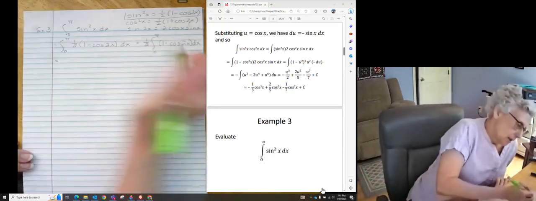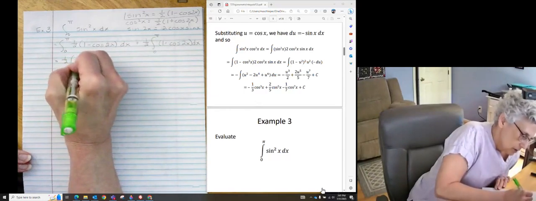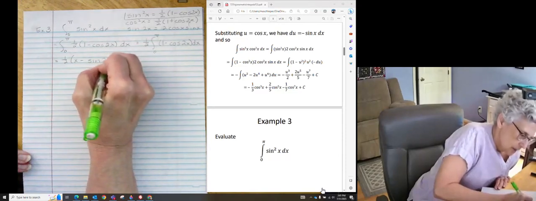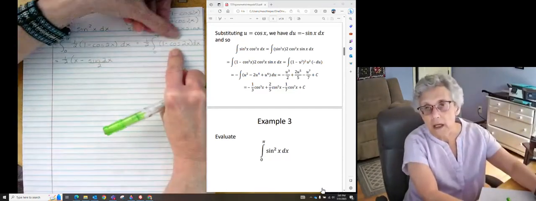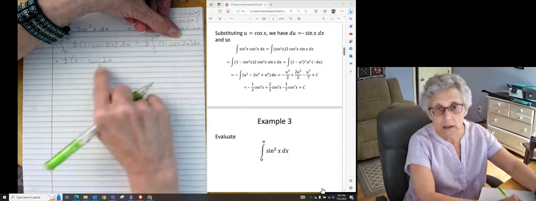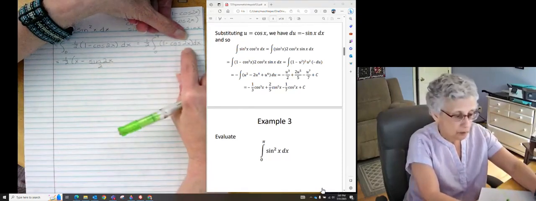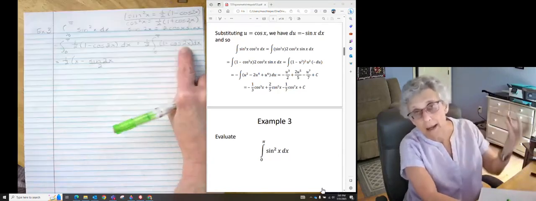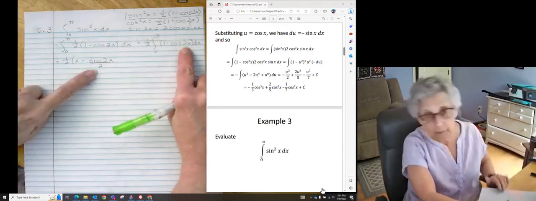You should know by now that the antiderivative of that would just be x minus sine of 2x over 2, because the antiderivative of cosine is just sine, so it keeps the minus sign. And then when you take a derivative, you multiply by the number sitting next to the variable. When you anti-differentiate or integrate, you divide by that number.